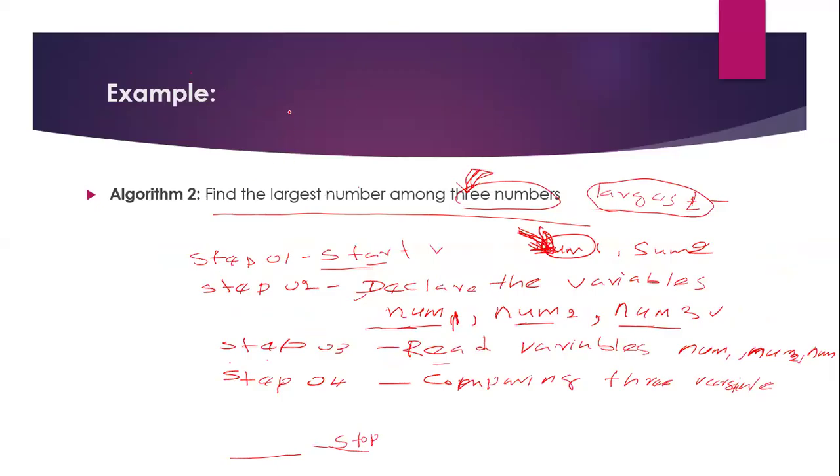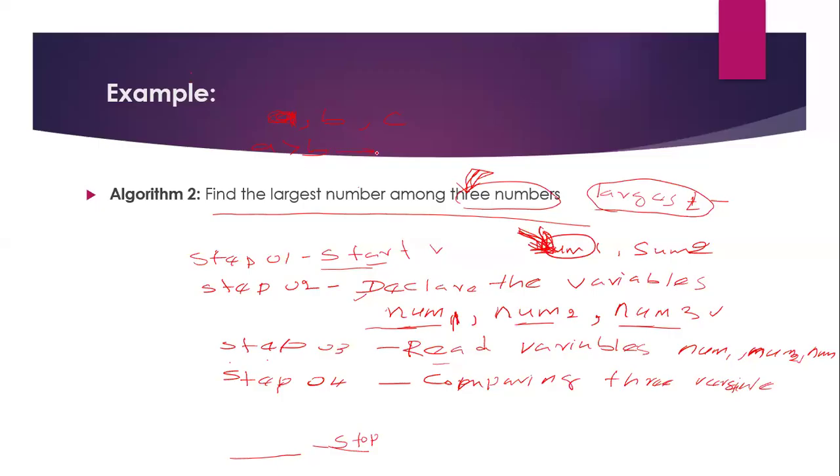Just think like this. I put A, B, C. There are three numbers A, B, and C. These are just variables. Now, what if A is greater than B?